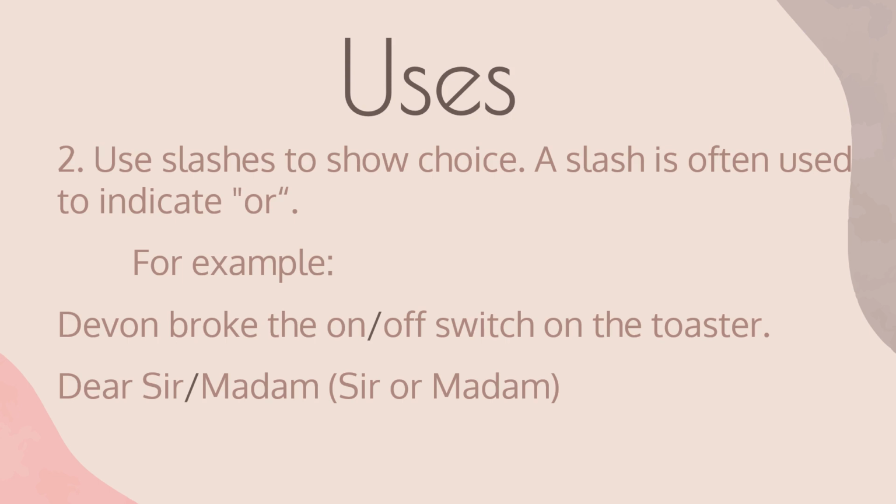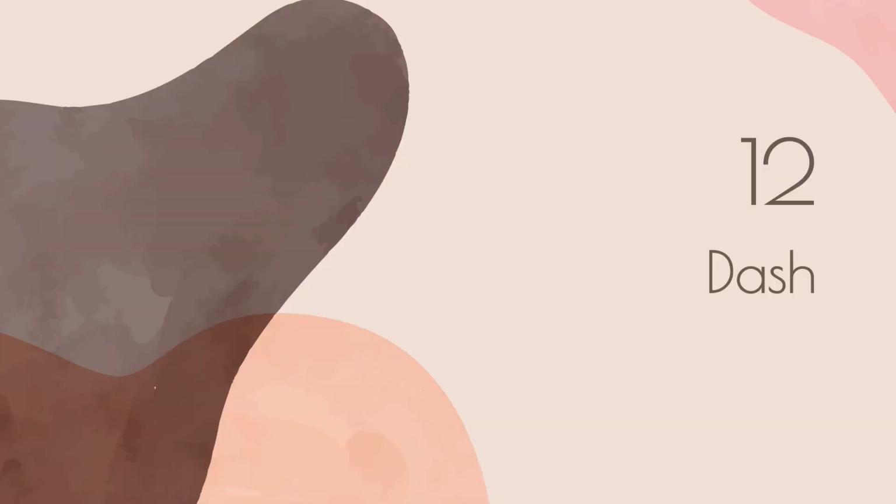Instead of writing "or," we are using a slash. In a lot of forms that you fill, you see "son of/daughter of," with a slash in between. That indicates options: instead of using "or," they put a slash in between.